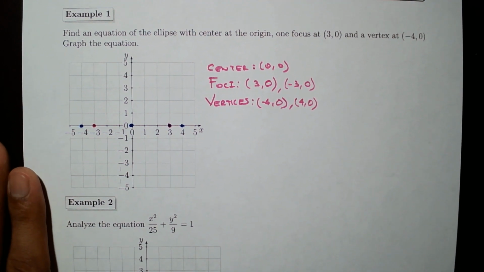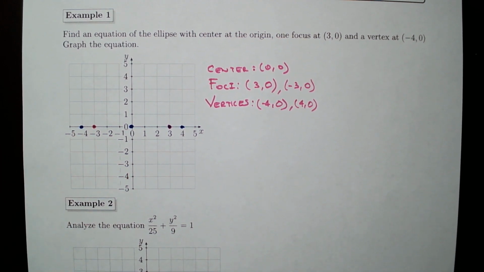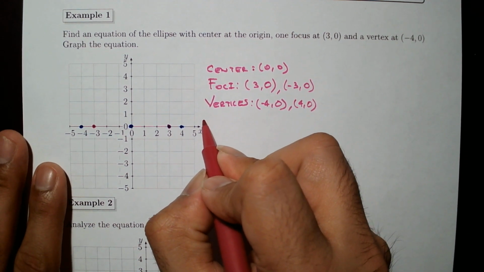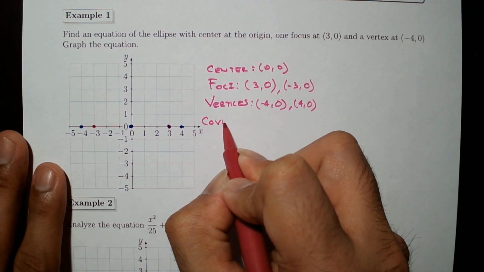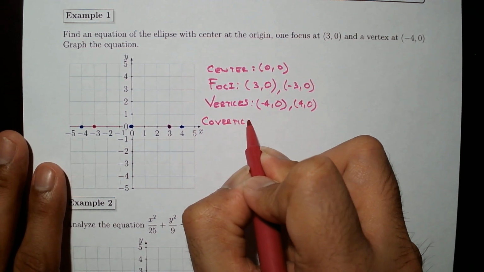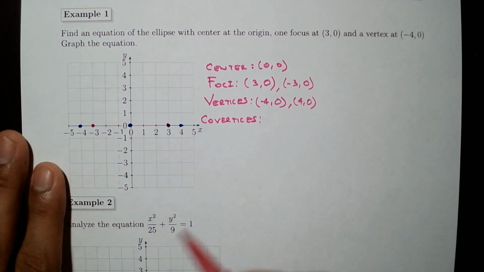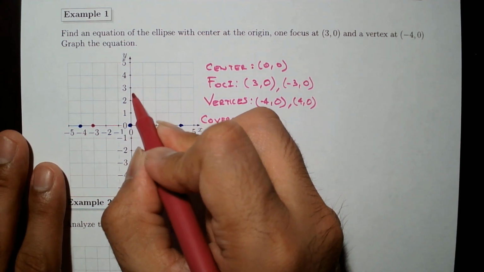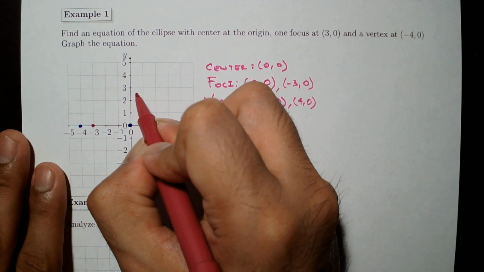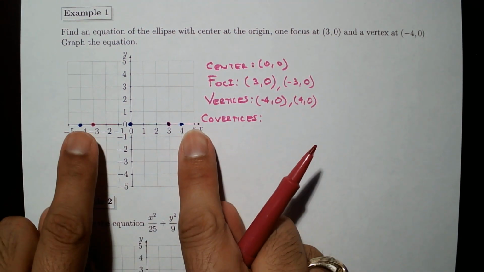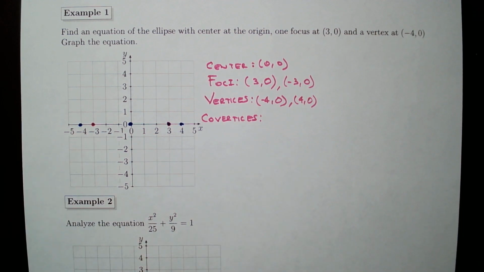Maybe the co-vertices, but we can write those down at the end. Co-vertices. In order to find the co-vertices, I need to find the distance from the center to the endpoints of the minor axis.